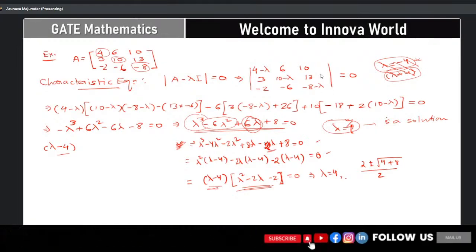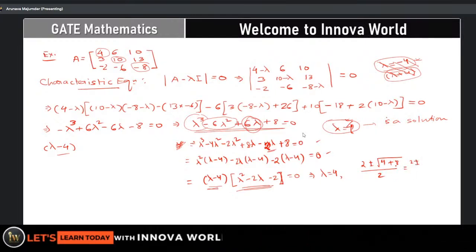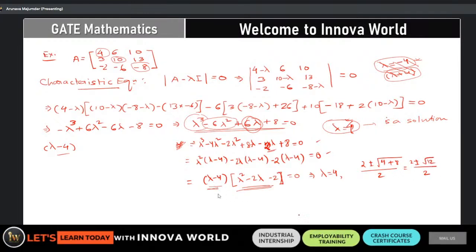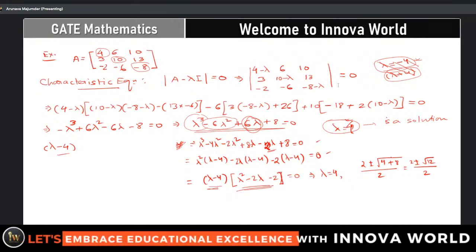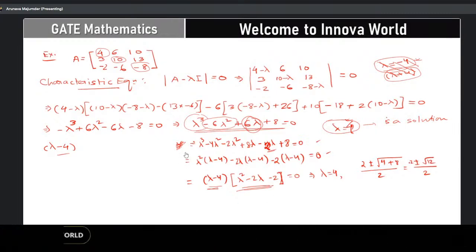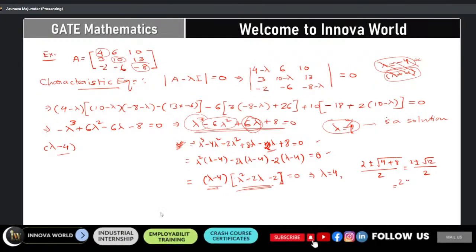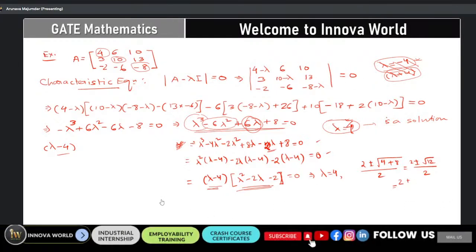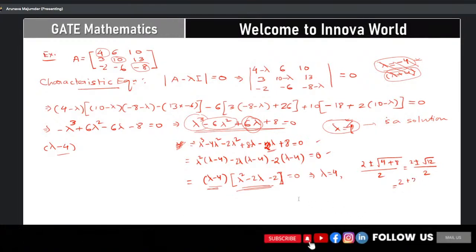So what values are we getting? Here we are getting 2 plus minus root 12 by 2. Root of 12 means 2 root 3, so 2 plus minus 2 root 3 by 2.